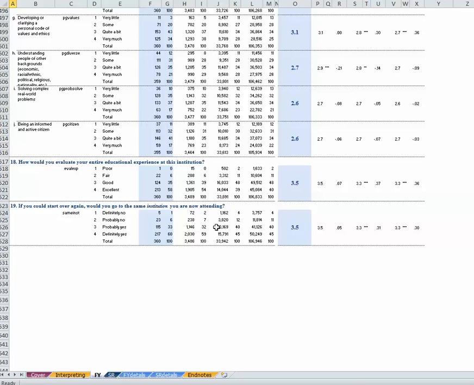And if you could start all over again, would you go to the same institution? So these are obviously important target items that are here as well. NSSE oftentimes tells you not to focus so much on those, but every institution is going to. It's only natural. You want to see overall what the satisfaction level is.